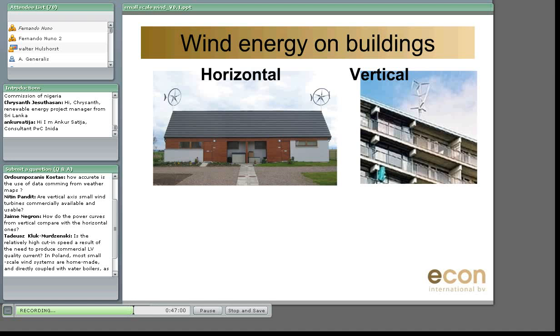You will need some power to move the vanes, for instance. That will be needed within your system and can be seen as a kind of loss. Special systems for very low wind speeds, well, perhaps they are available, but I think the power output will be very low compared to the other systems. I'm not quite sure they are available, but if they are, the output will be low.